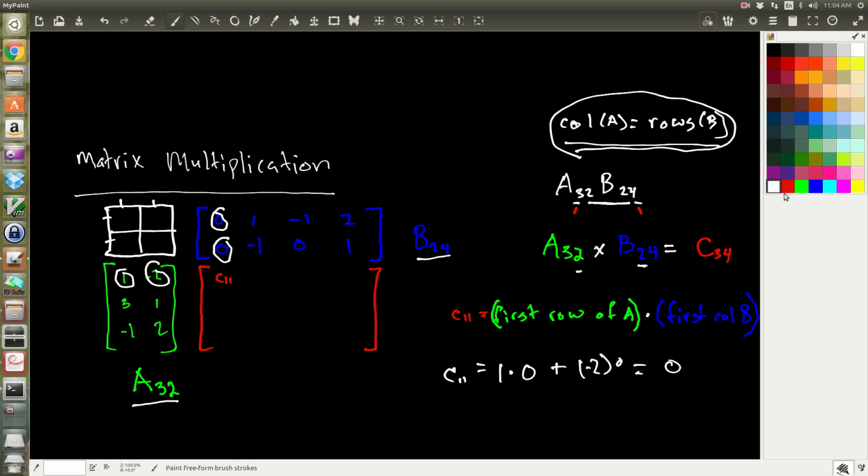So we could actually go in and put that in. Let's just erase this, and go back here and we could just put this at 0.